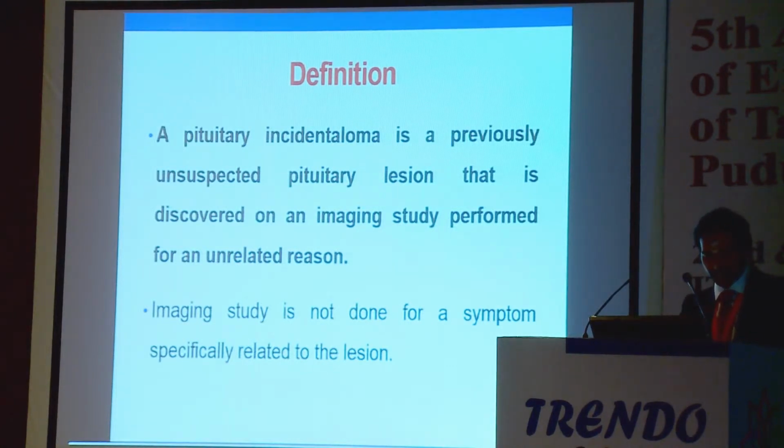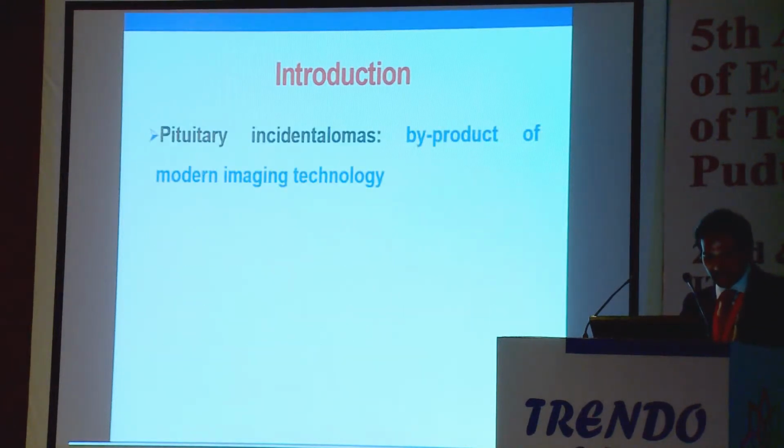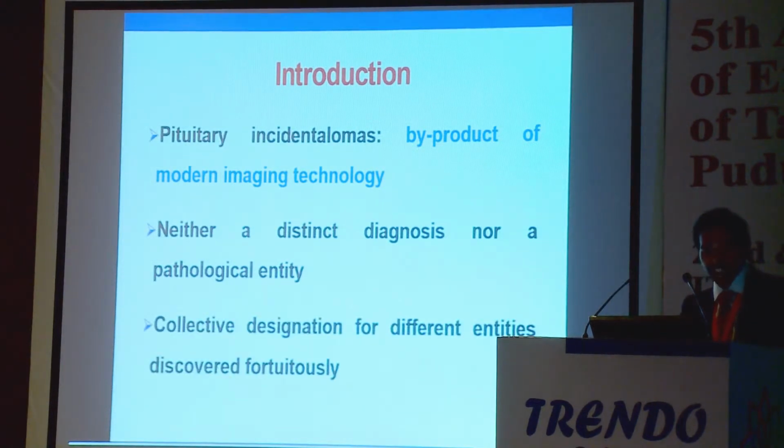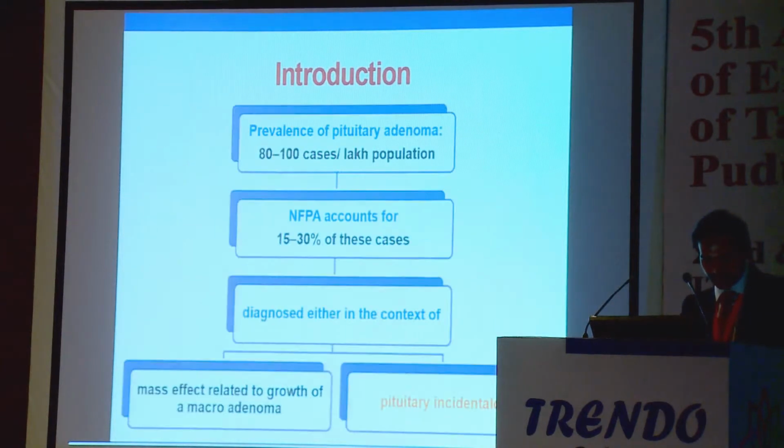Then we can diagnose pituitary incidentaloma. As we all know, it's a byproduct of modern technology, and a thing to be remembered is that it's neither a distinct diagnosis nor a pathological entity, just a collective designation for various diagnostic entities discovered by chance.